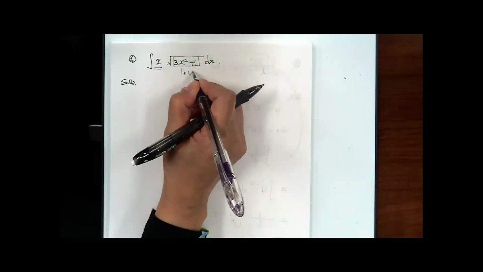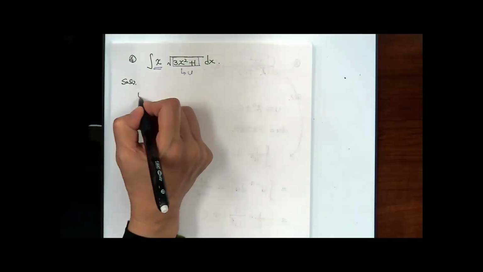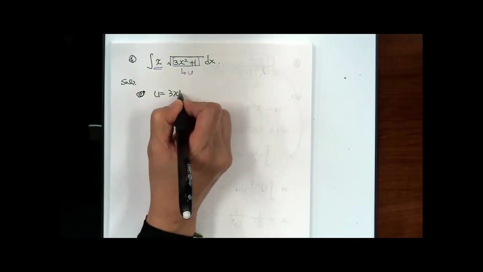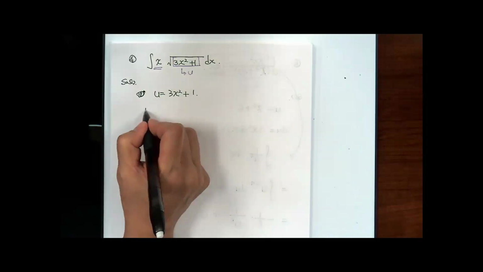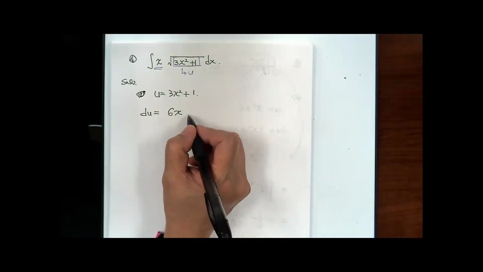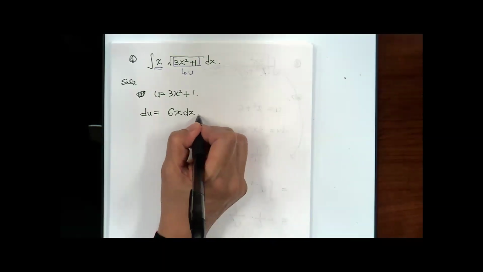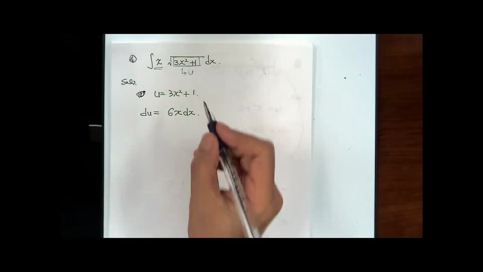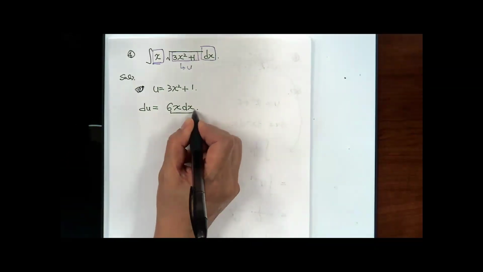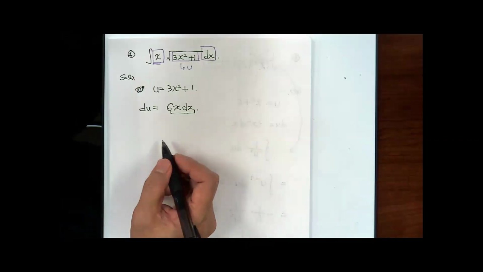So what we will do is put u equals 3x squared plus 1, and then du equals 6x dx. What we have here is x dx, but the 6 is missing, so you have to solve for x dx.